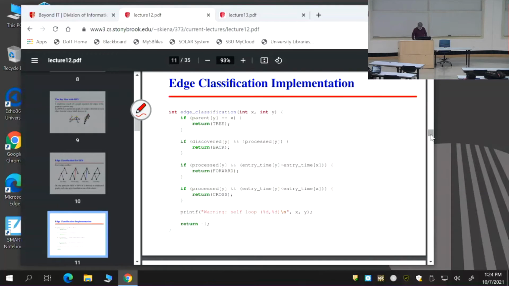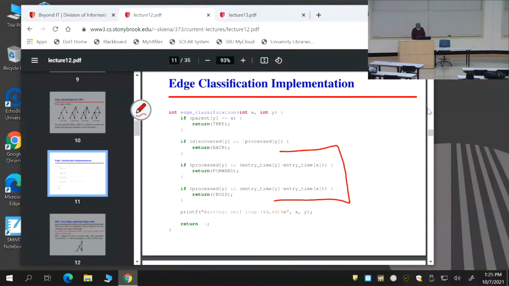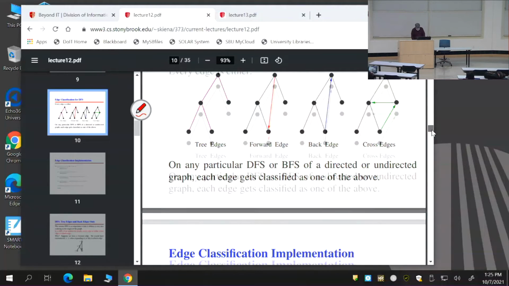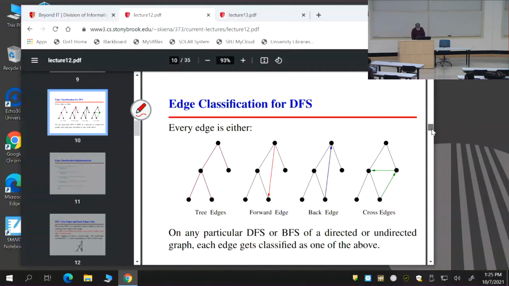In fact, if you take a look at it, again, you didn't quite see this. When I'm trying to test what type of an edge, remember when we do any traversal of any graph, we saw that there were 4 types of edges. You could have a forward edge, a backward edge, a cross edge. If it's a directed graph, you could have forward edges.